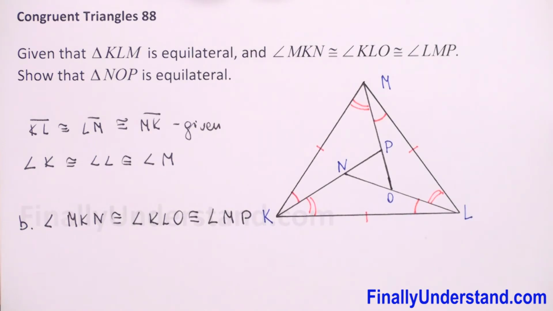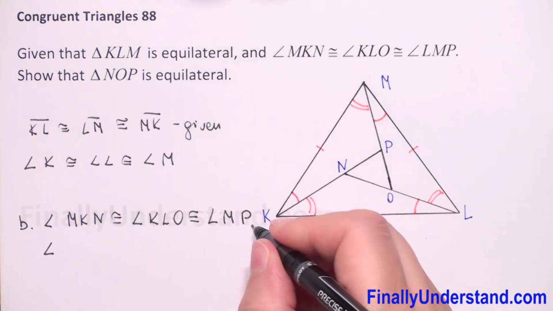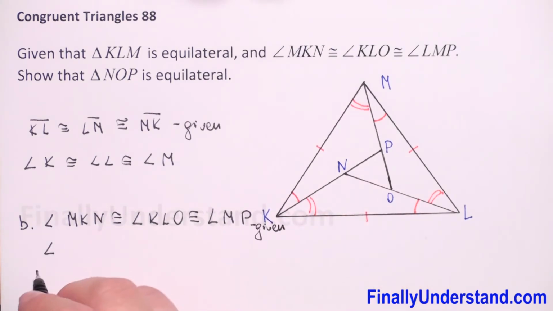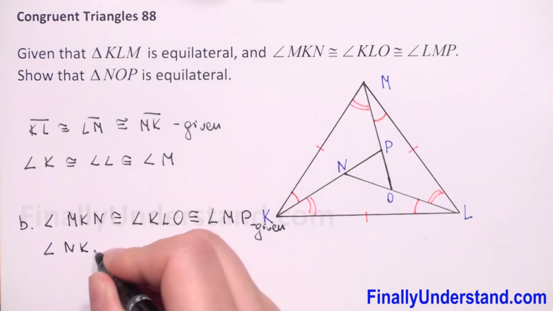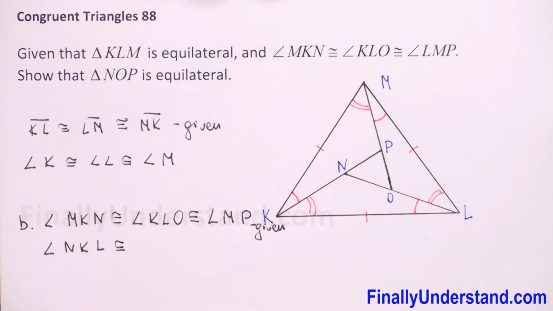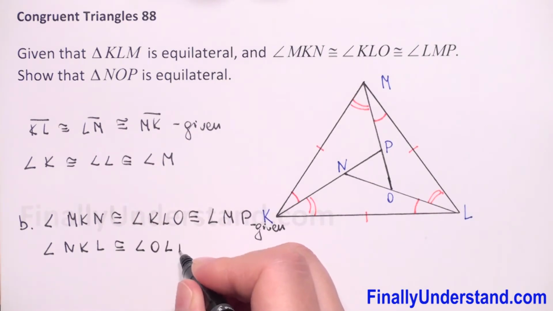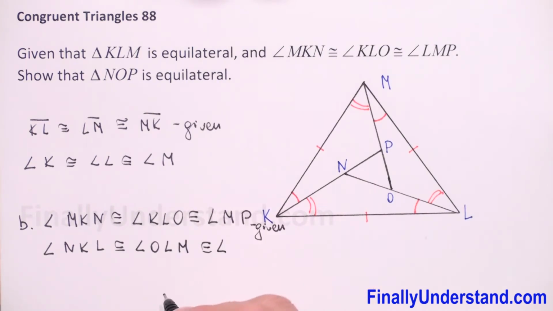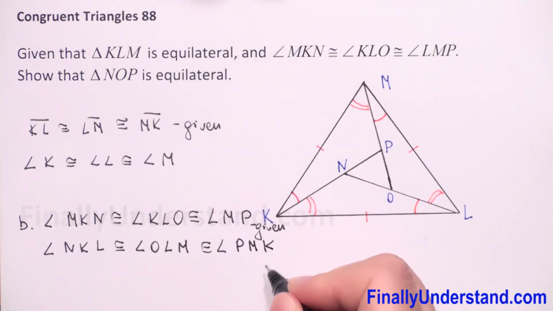So we can write that angle, this was given, angle NKL is congruent to angle OLM and is congruent to angle PMK.